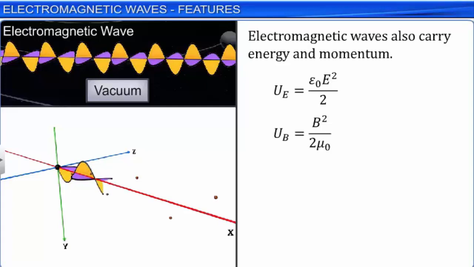Since the electromagnetic wave carries momentum, it exerts pressure called radiation pressure.